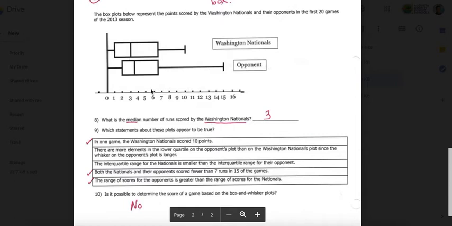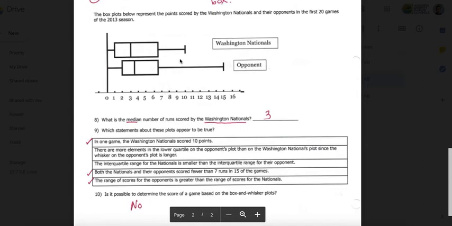Okay, both the Nationals and their opponents scored fewer than 7 runs in 15 of their games. Okay, that is true. And you're probably thinking, well, how do you know that?